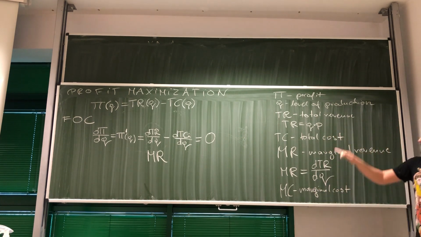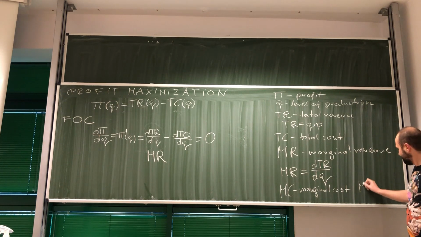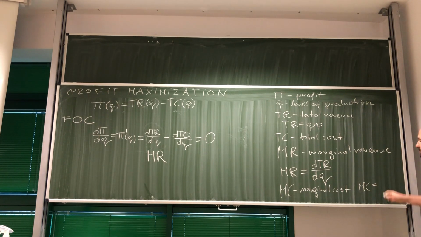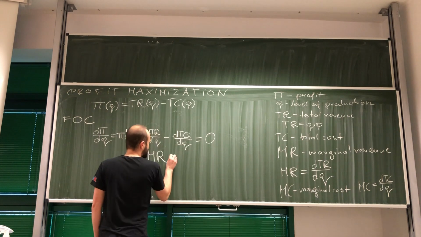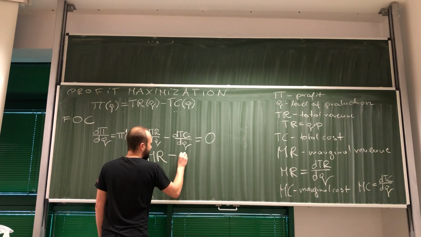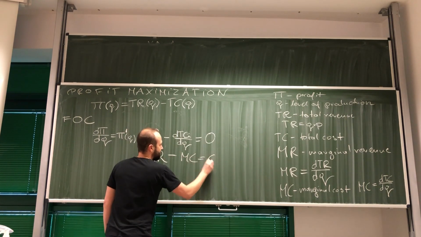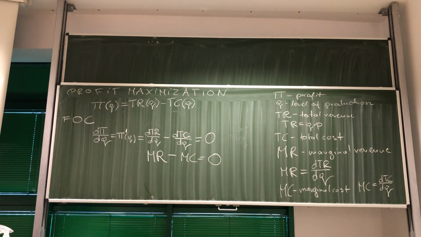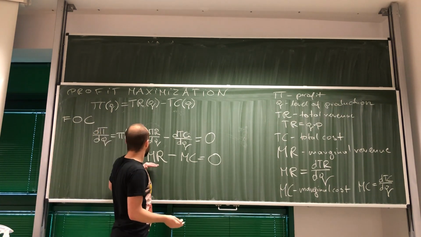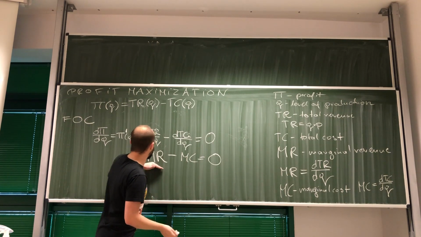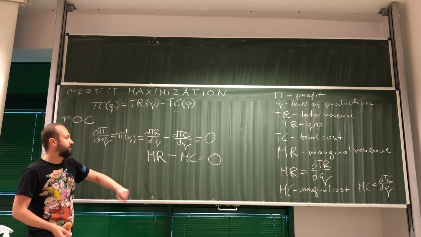And again, marginal cost can be calculated as the first derivative of total cost with respect to the level of production. So now we have obtained the condition, the first order condition in terms of marginal revenue and marginal cost.